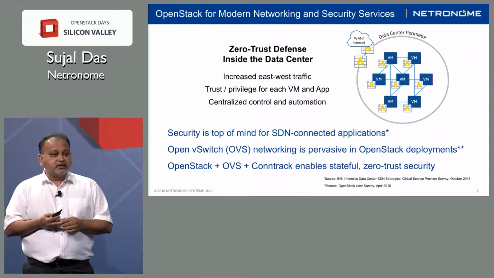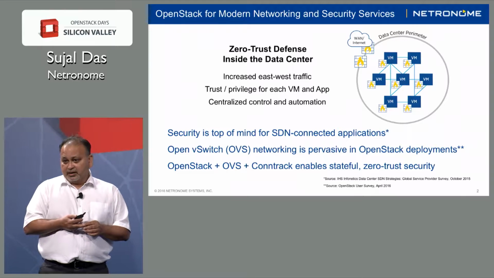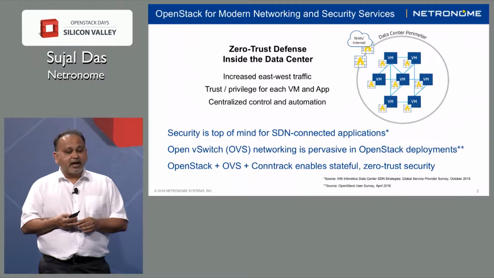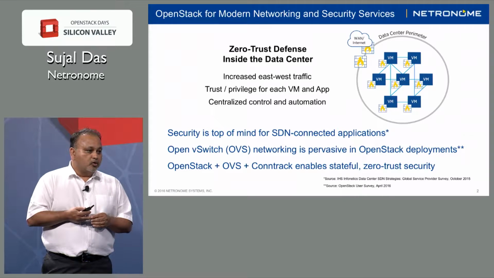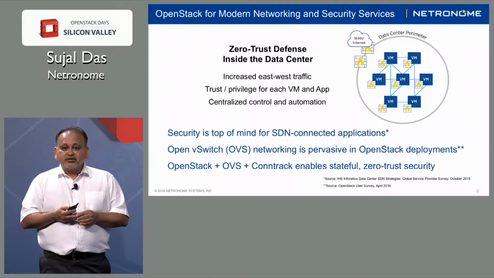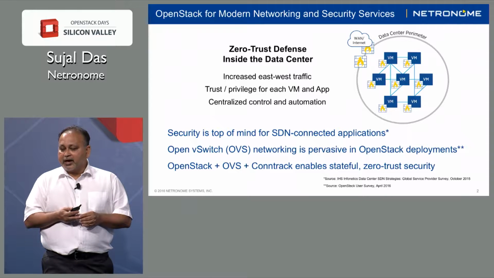Also, a recent OpenStack user survey highlighted the use of vSwitch for networking in OpenStack. That survey said that more than 60% of OpenStack networking is done using vSwitch. So that's another significant trend happening in the industry today.